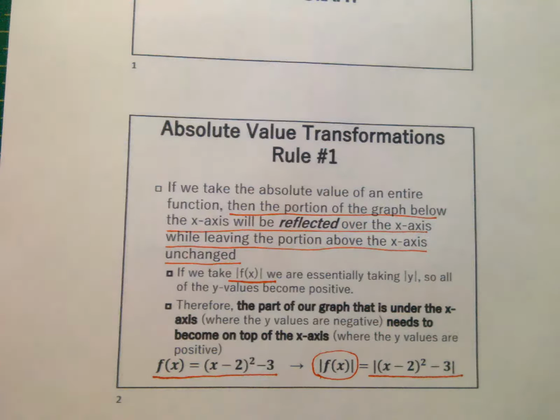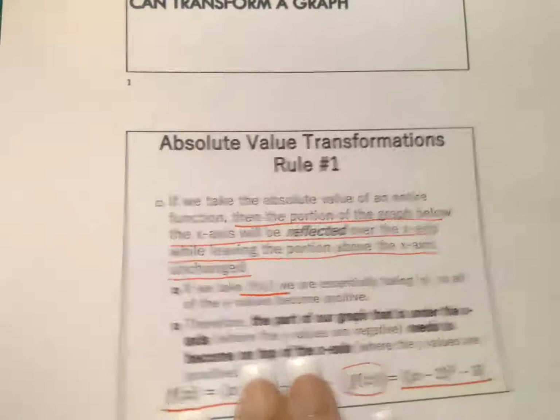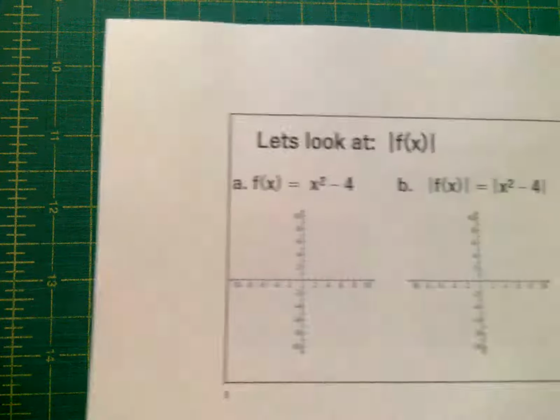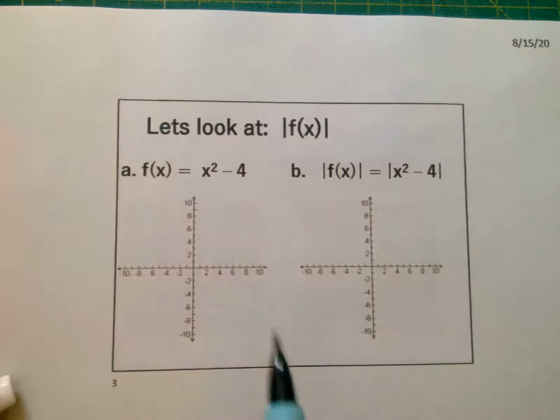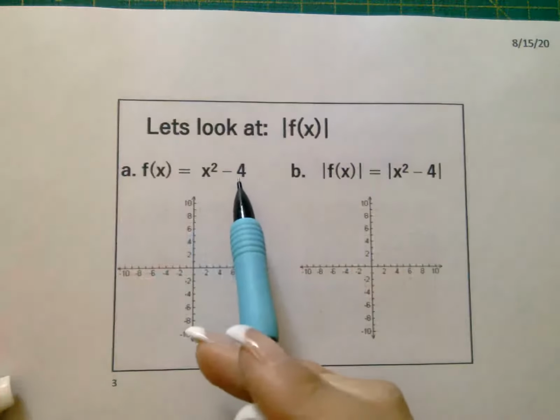We're going to use a transformed table of values like we did in 2.2 in order to create our original graph. But then that is what we're going to use to graph our absolute value transformations. So let's take a look at an example. Graph A is my original function.